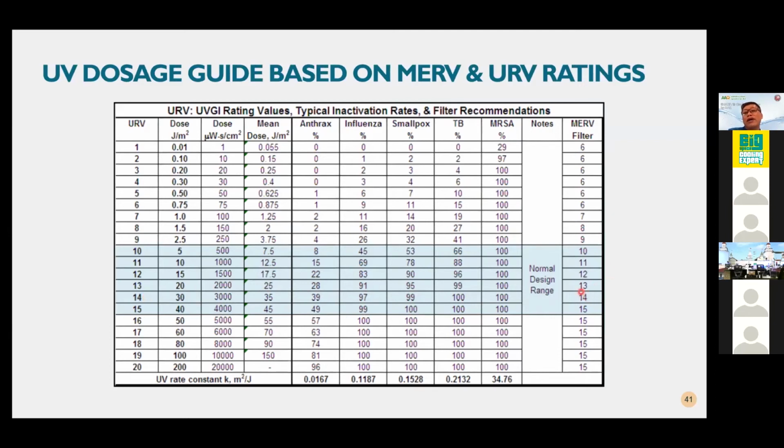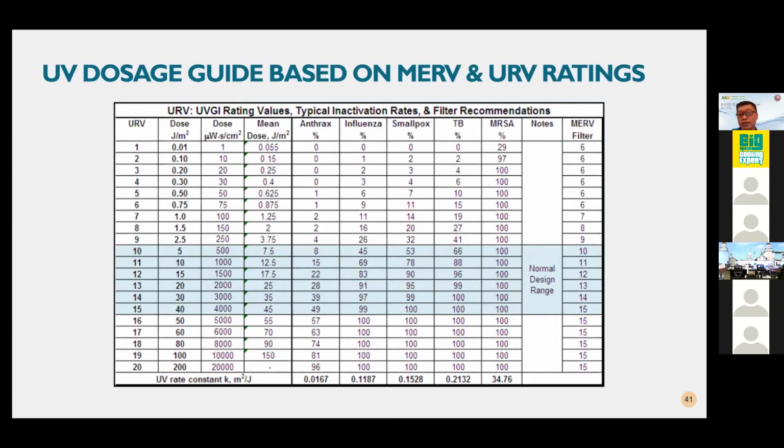You have to combine them. They have to be at the same level. If let's say you're sizing a lamp using URV 14, but your filter is only a MERV 10, it cannot perform like what we see here. Maybe you get much lower efficiency.